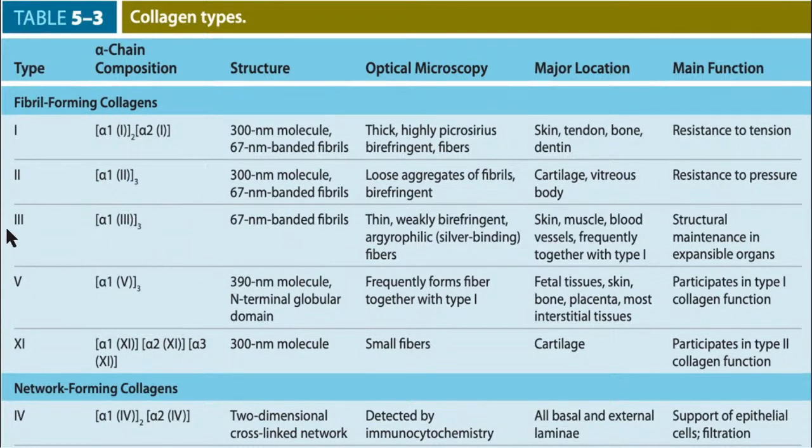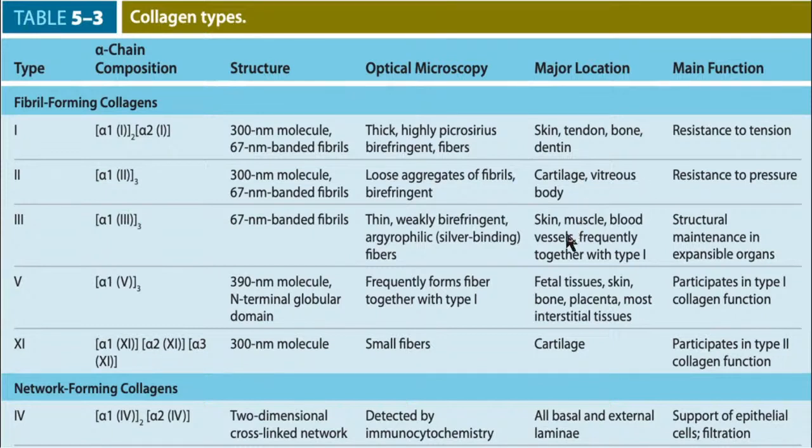The next is collagen type 3, with 67 nanometer banded fibrils, ordinarily thin, weakly birefringent, and sometimes identified with silver impregnation, argyrophilic. Type 3 is also named argyrophilic fiber or reticular connective fiber.